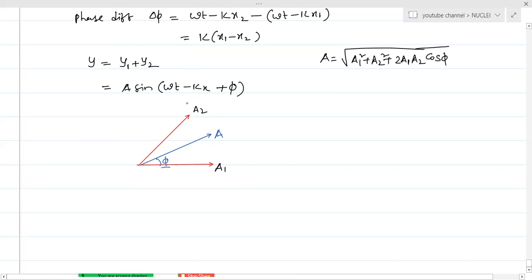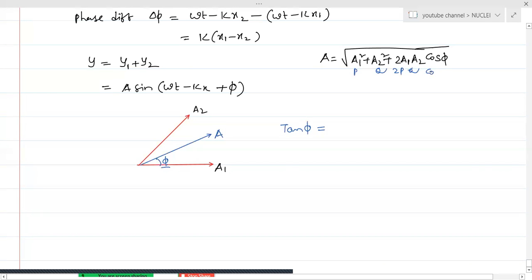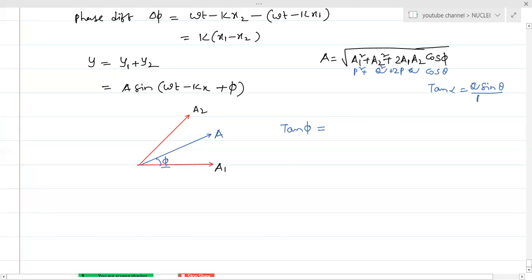That phi can be estimated from a formula, which is very similar to the vector resultant. When we think of these vectors as P and Q, the resultant is root of P square plus Q square plus 2PQ cos theta, and we also have tan alpha equivalent to Q sin theta by P plus Q cos theta.